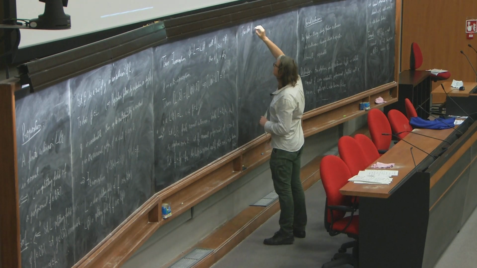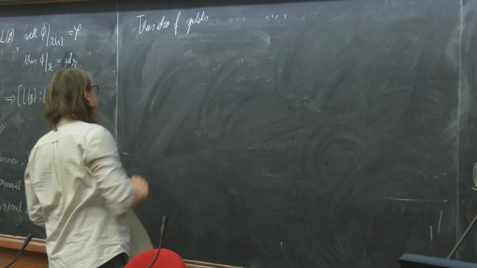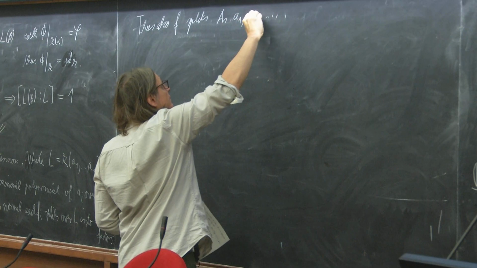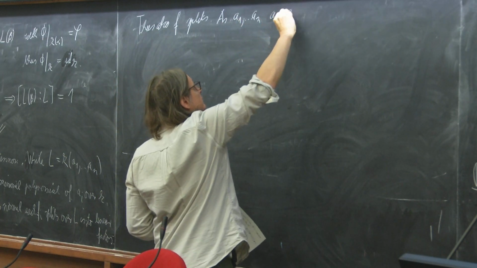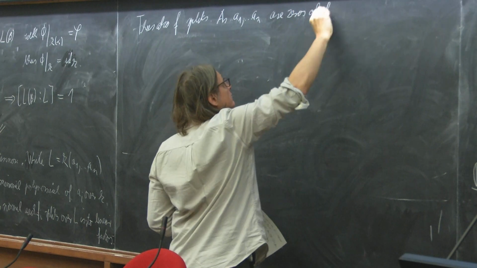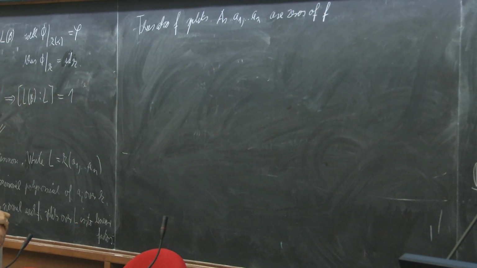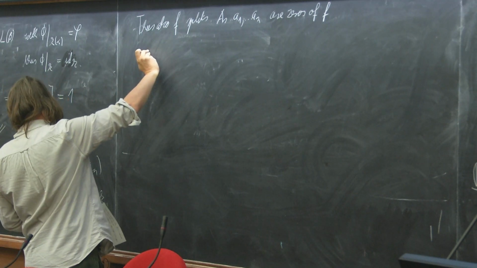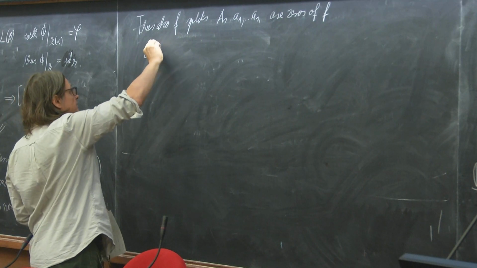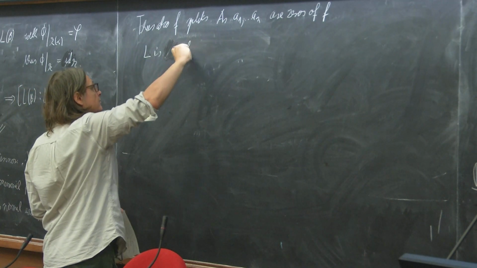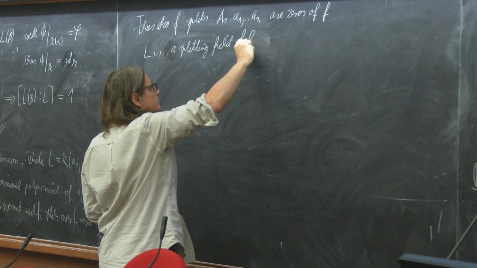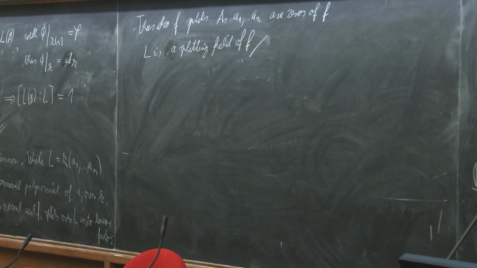Also F splits. And as A1 to An are all zeros of F, a splitting field must contain them, so we have that L is the splitting field of F. So this just was done by using definitions.